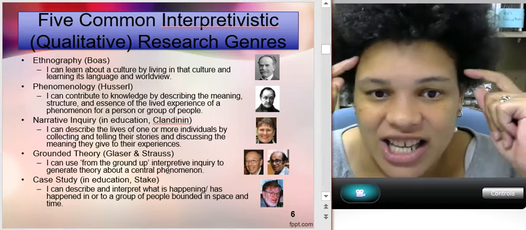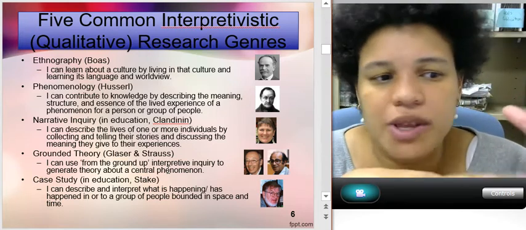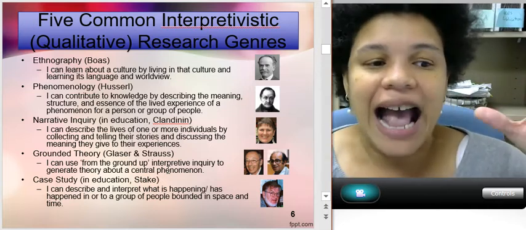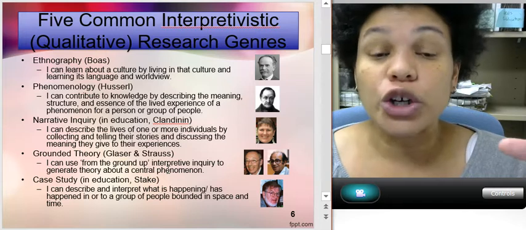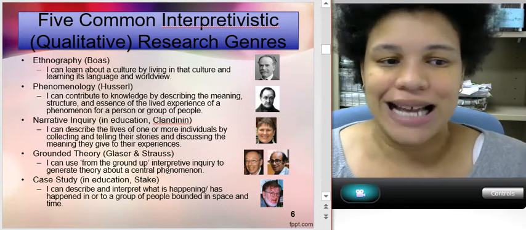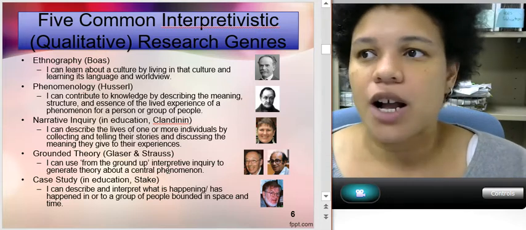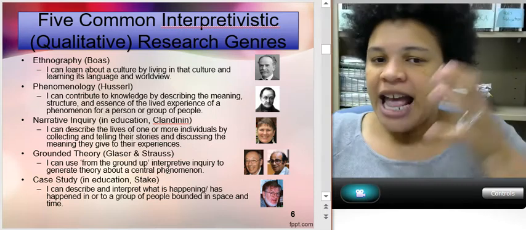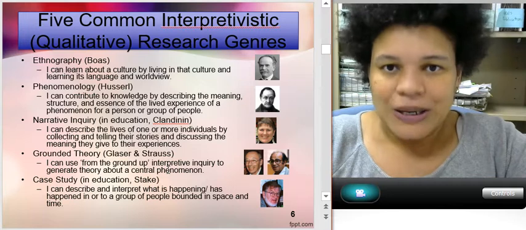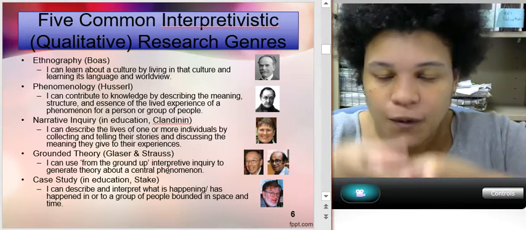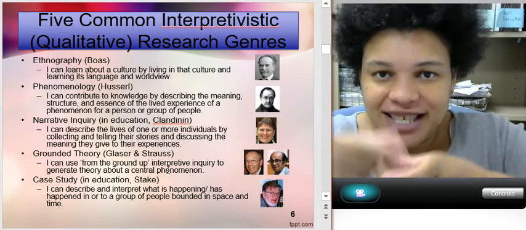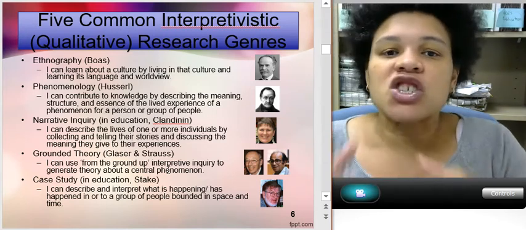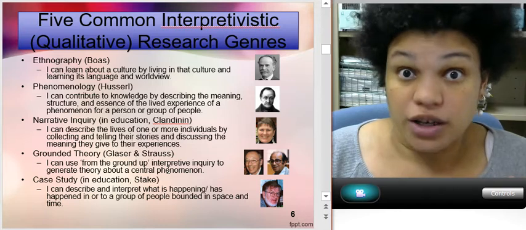Now, case study in education, we associate this with Stake, also with Yin. I can describe and interpret what is happening or has happened in or to a group of people bounded in space and time, right? So we get this from the medical field, right? This idea that I can study this one case, right? What happened for this person when they got this disease, right? In education, often case studies are a school or a school district.